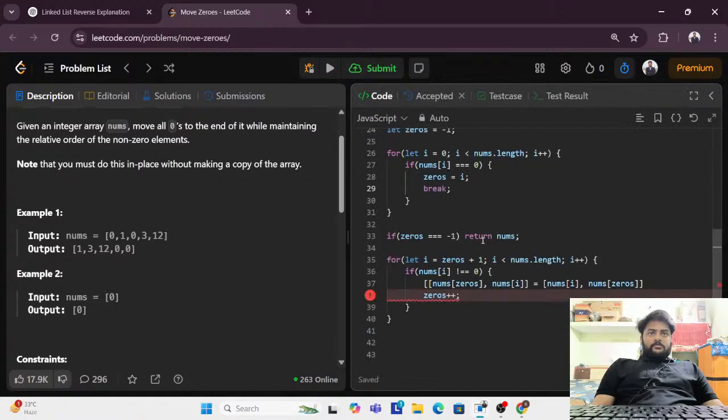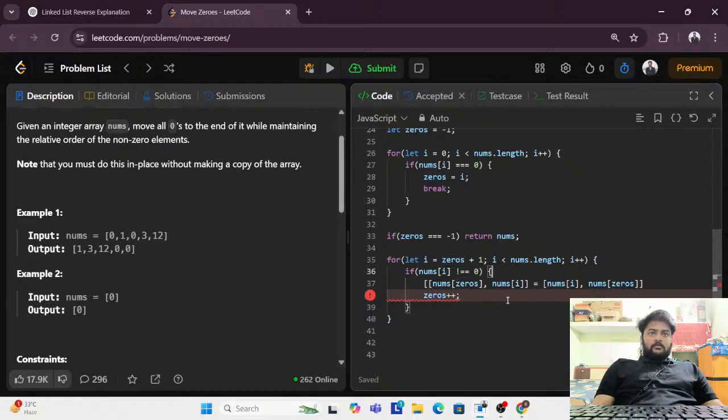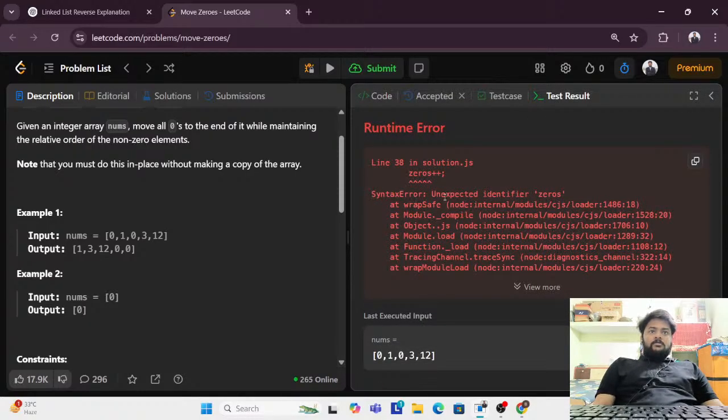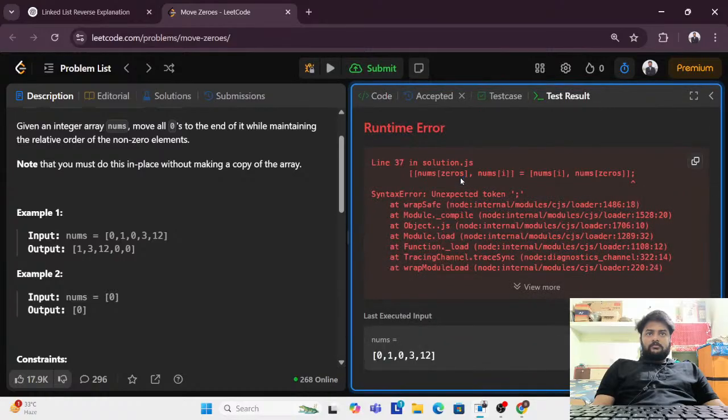Oh, why does it say that? What's the error? Unexpected identifier keyword.